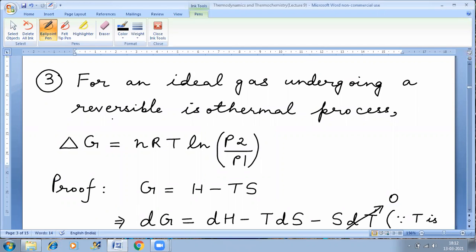If I consider an ideal gas undergoing an isothermal process, then this is a formula of delta G for that.